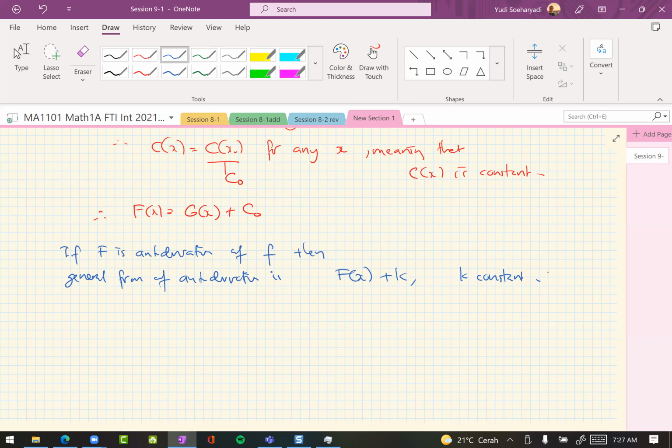Okay. So now the question is, how do we find an antiderivative?